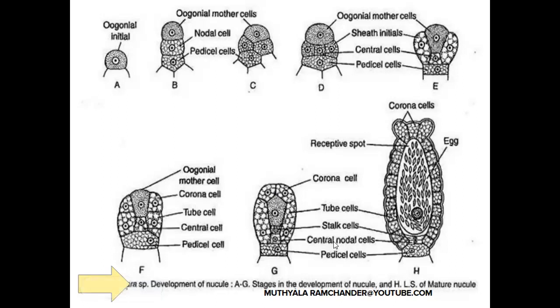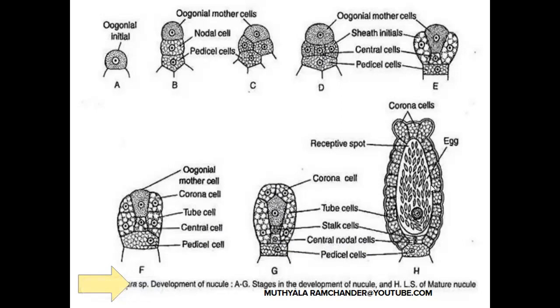At the same time, the central cell is present at the basal part of the oogonial mother cell. At the matured stage, the central cell again participates in transverse division to form a central nodal cell, and above the central nodal cell, one stalk cell. The stalk cell is present at the lower part of the oogonium.